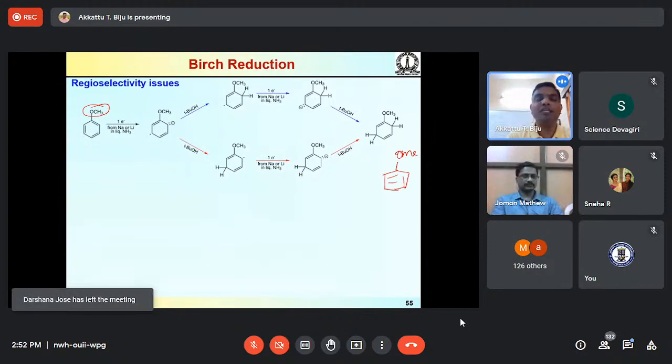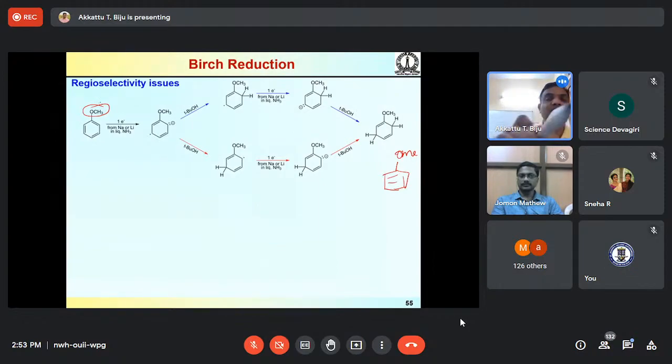So we know that in the Birch reduction, an electron adds to the aromatic system, generating a radical anion. So the regioselectivity in this addition will be determined by the group present. For example, in the case of anisole, we have OMe, which we know is an electron releasing group.